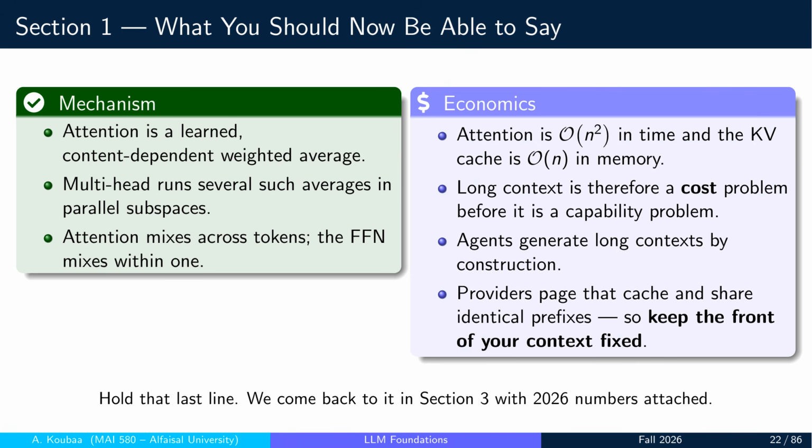So this is not only a problem for model providers, it is your problem. Now, the last item, and it is the practical one, providers cache and share identical prefixes. So keep the front of your context fixed. Hold that line. We come back to it in Section 3 with 2026 numbers attached.